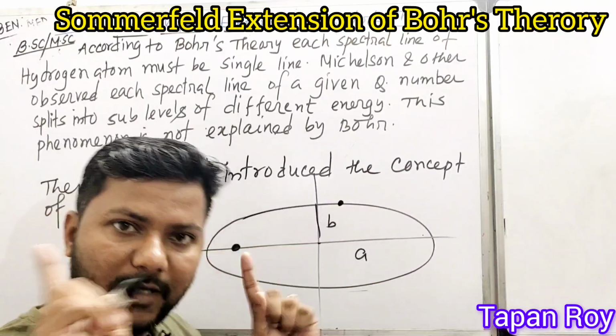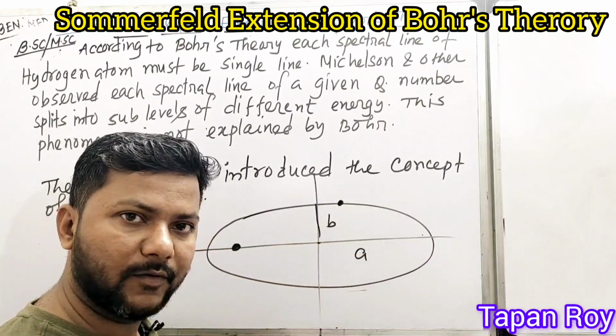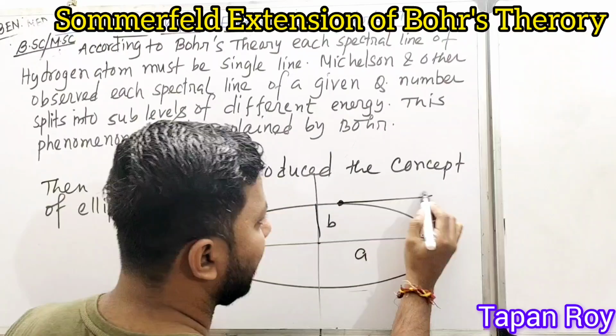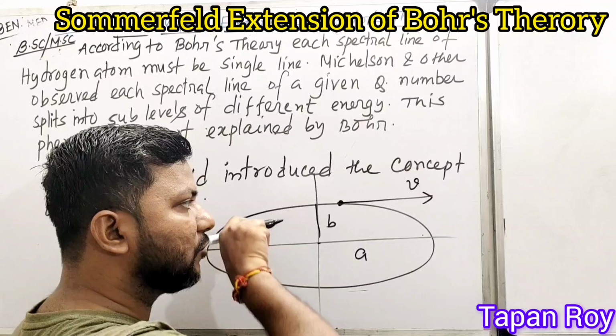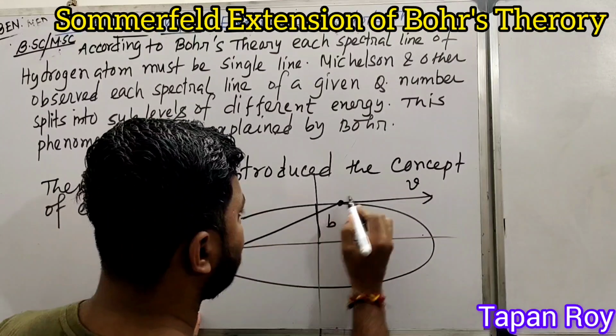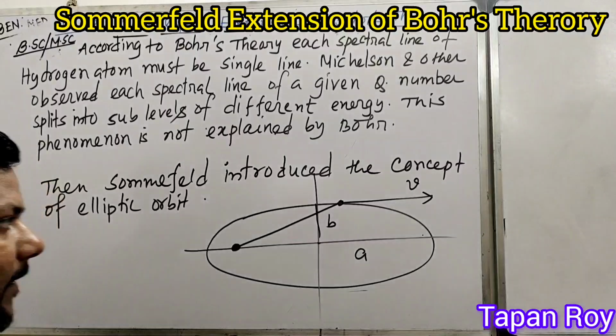At that point the velocity of the electron will be along the tangent, and also the momentum. This is the distance between the nucleus and the electron.